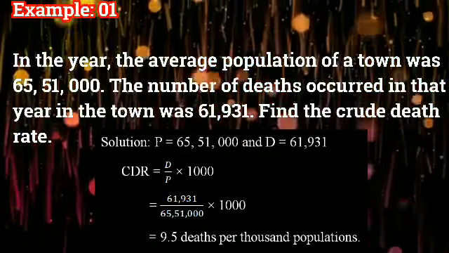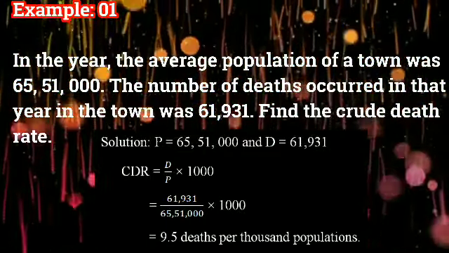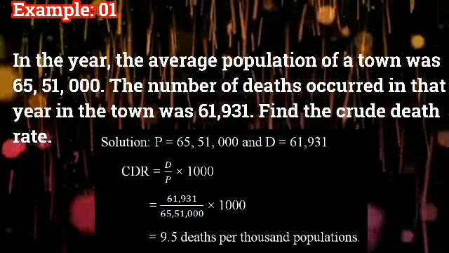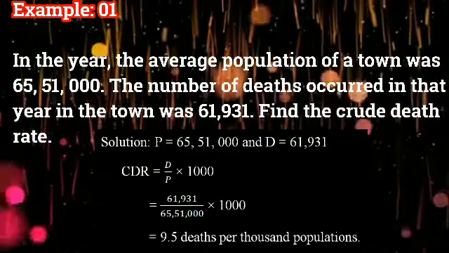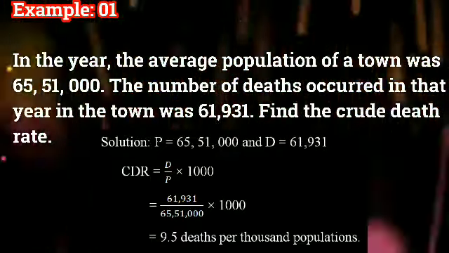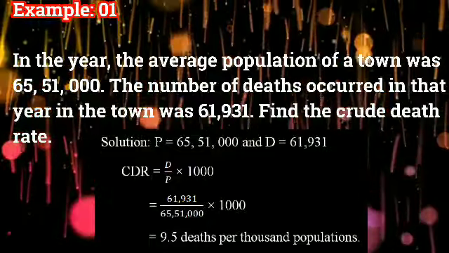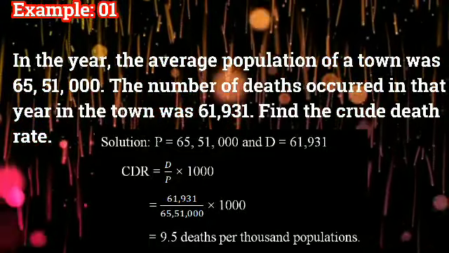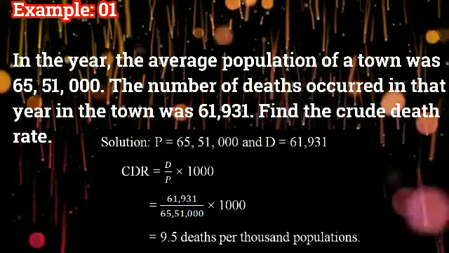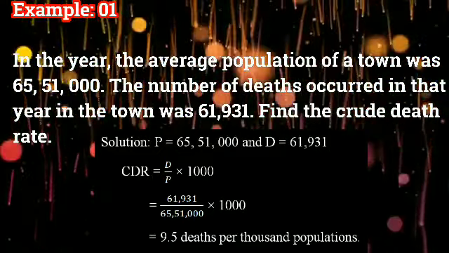As we can see in the question, the average population is denoted as capital letter P. So P equal to 65,51,000. After that, the total number of deaths in the town was recorded as 61,931. So D, deaths, equal to 61,931.